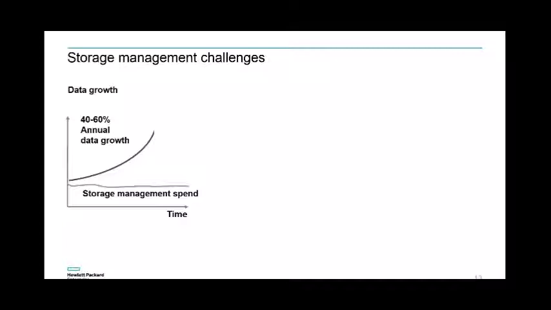Most of this growth comes from unstructured data, and the storage admin is also responsible for managing this data, but the OpEx spend is pretty flat, if not exactly flat. And in some cases, there's pressure for the storage manager to reduce that budget. So as you can see, there's a widening gap between the rate of the data growth and the expenditure of managing that data. So how do you bridge that gap?